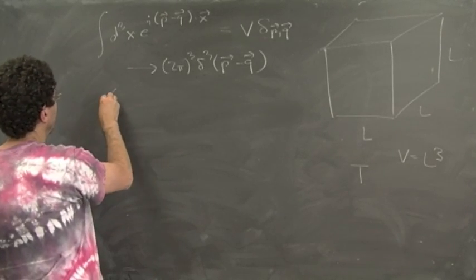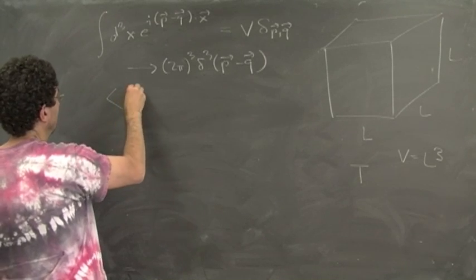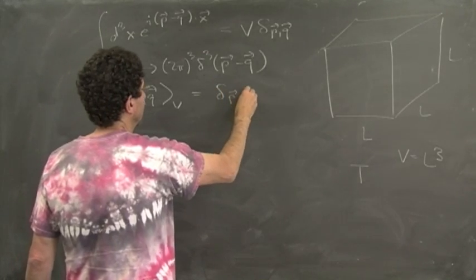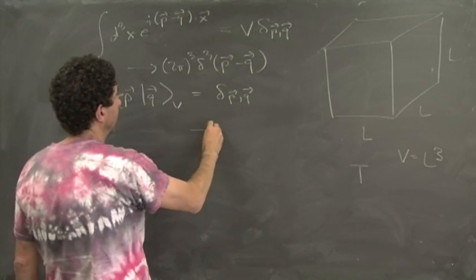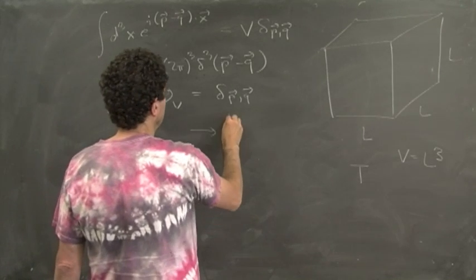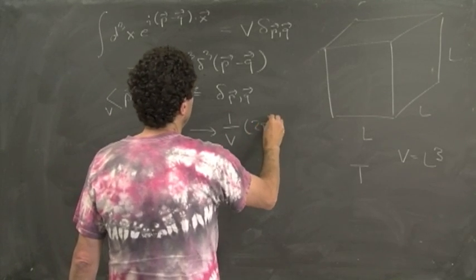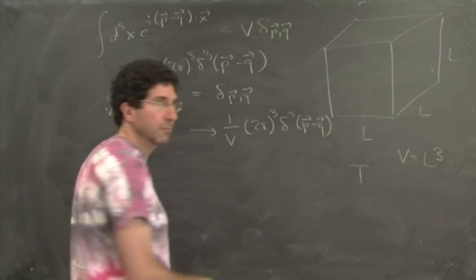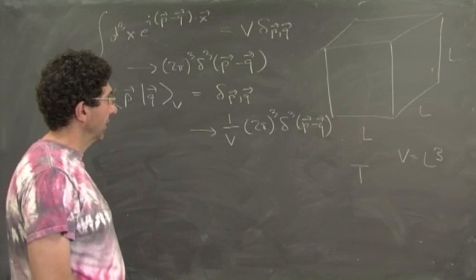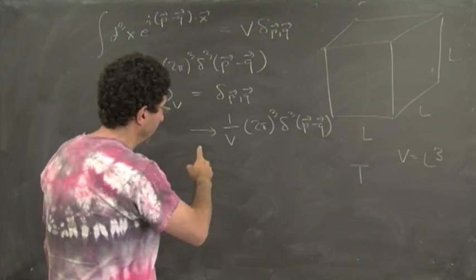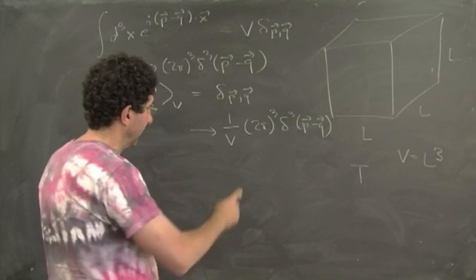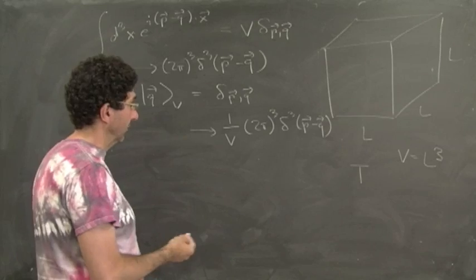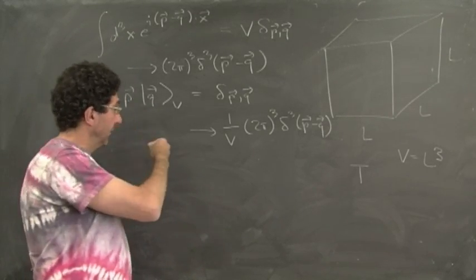This now lets us relate the discretely normalized state to the continuum normalized state. If I look at ⟨p|q⟩ at finite volume, that is δ_{p,q}. But from the formula above, in the infinite volume limit that is related to 1 over the volume times (2π)³ δ³(p−q). From this, I can work out the relation between the relativistically normalized states that I write my theory in terms of, and these discrete states.